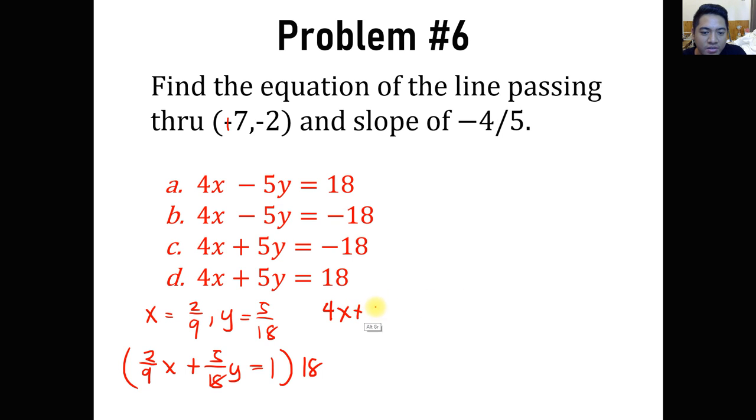The 18s will cancel, so you have 5y equals 18. So your answer would be letter D, 4x plus 5y equals 18. So that's how you get the equation of the line using a coordinate and a slope.